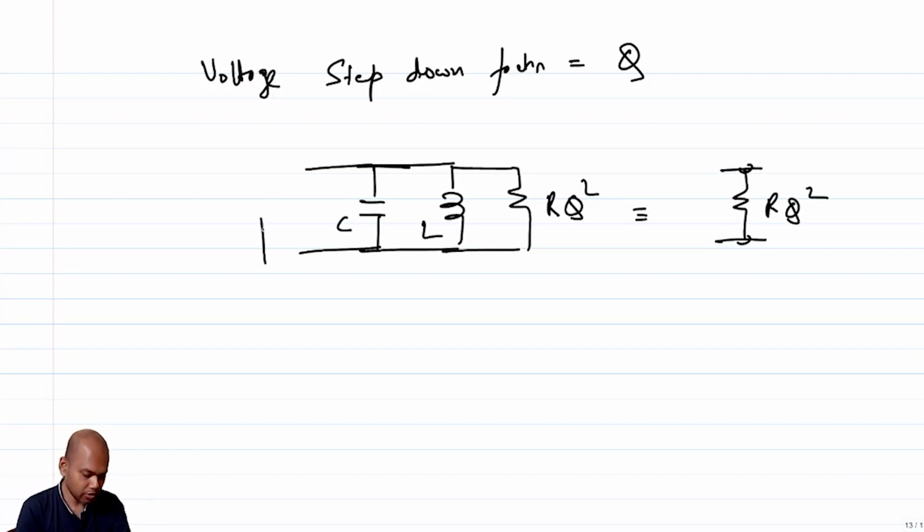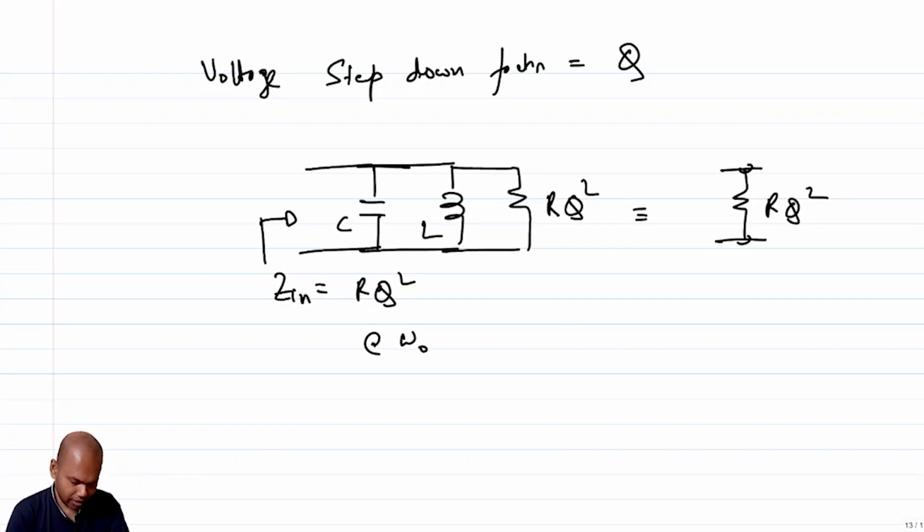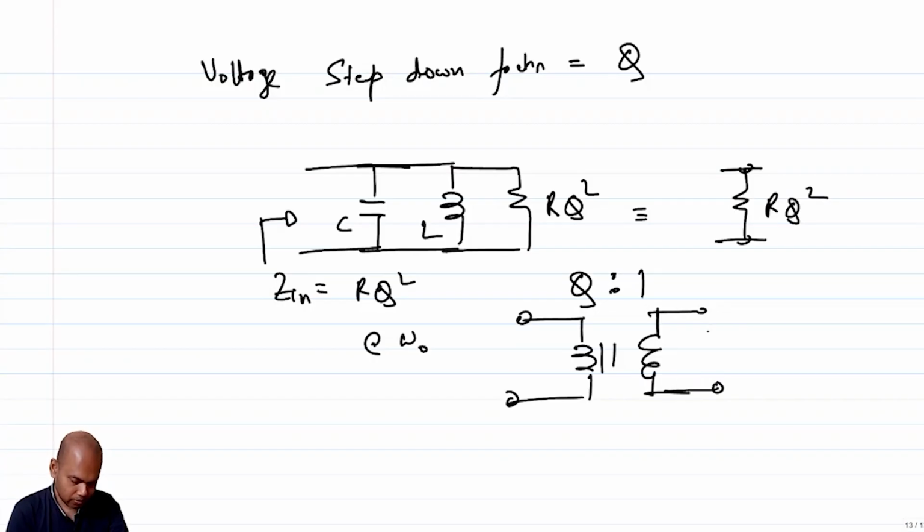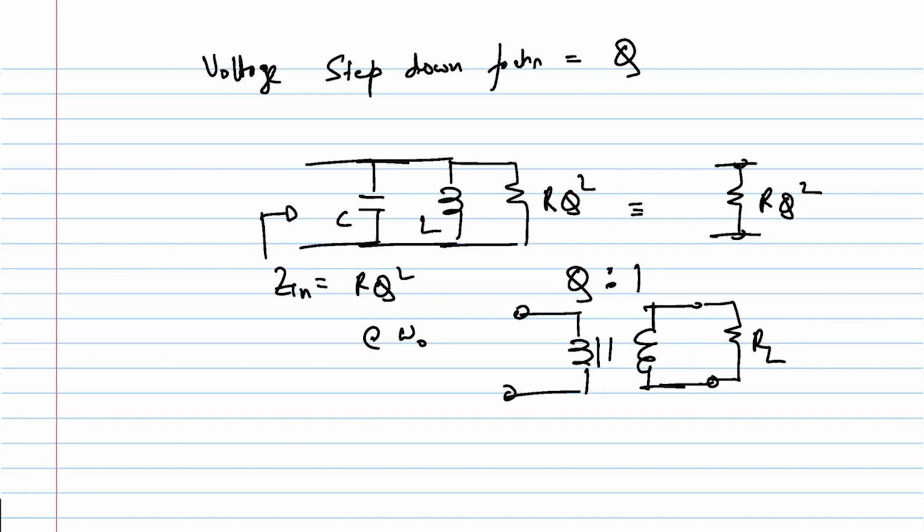Hence looking from here, your Zin becomes R times Q squared, and at resonance, at omega naught, this behaves like a transformer of turns ratio Q is to 1. Does that make sense?